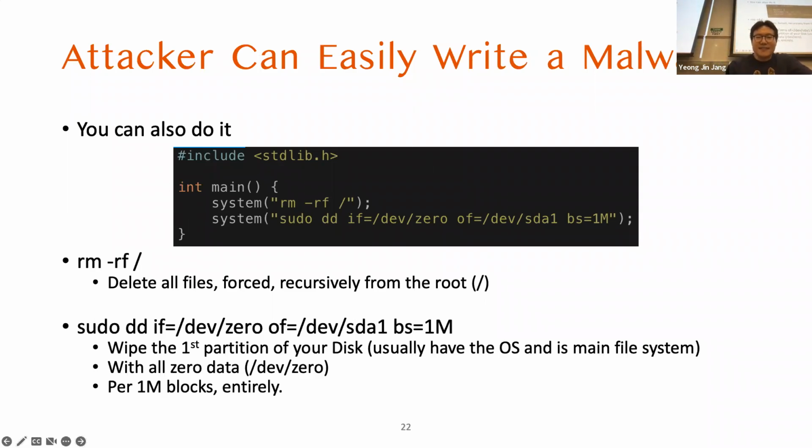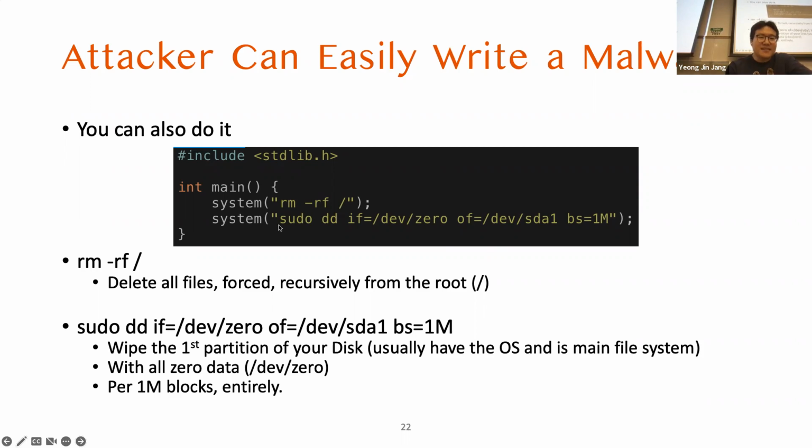If I write this kind of program, I just run 2 commands. This command removes all the files starting from root recursively and forcefully deletes everything. Even if you are not root, it goes over the whole file system, and if you can delete a file, it will be deleted.